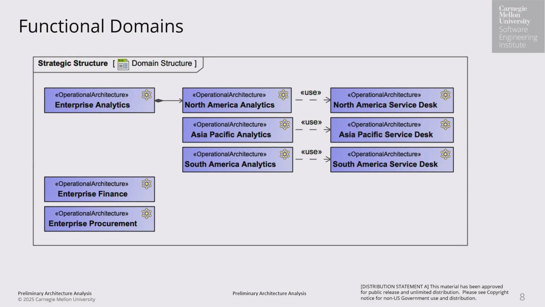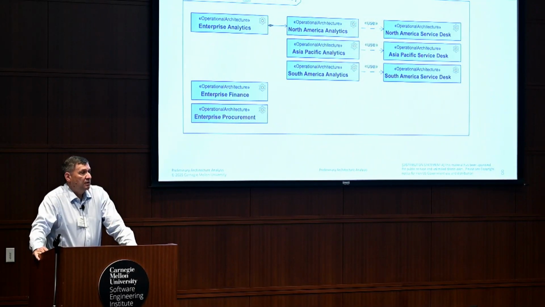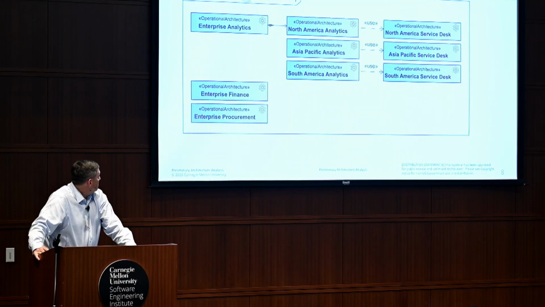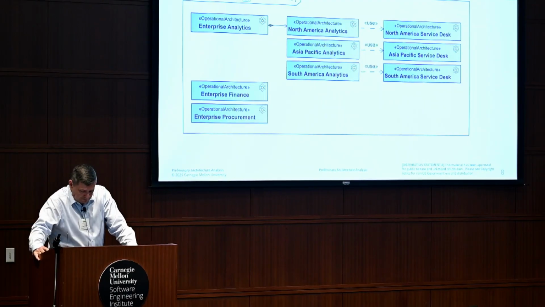And then you have the regional analytical systems that use the local information coming from their local service desks. And then you have enterprise finance and enterprise procurement, because we start thinking, do we have any impact on the contractual aspect of this initiative? Do we need to add additional funding, or what we have is good enough?